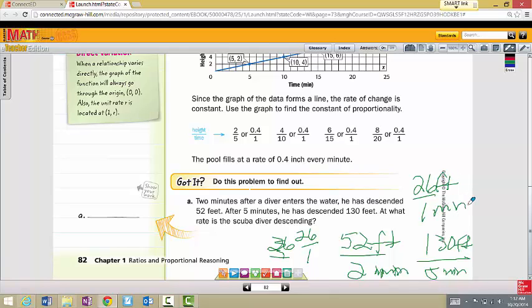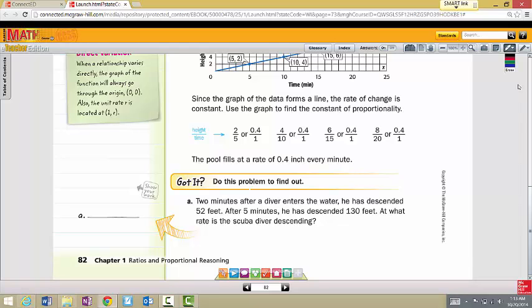So your answer would be that he descends at 26 feet per 1 minute, or 26 feet every 1 minute. Okay, that would be your answer. That's the first type of problem that you're going to be doing.